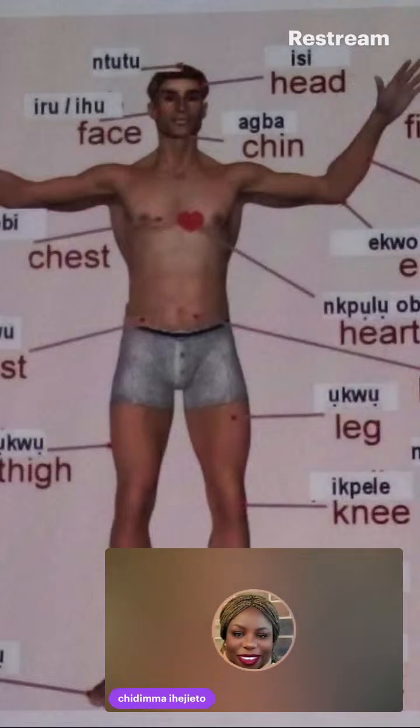Ntutu isi, hair. Eze, teeth. Anya, eye. If it is the two of them, eyes, anya.